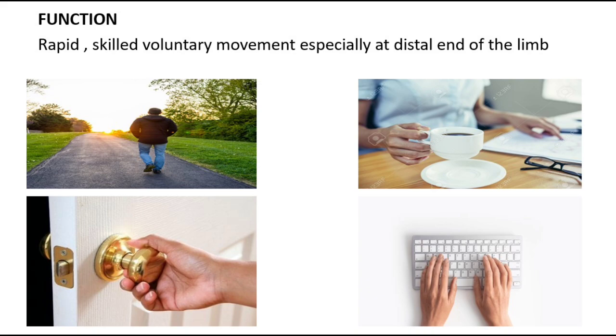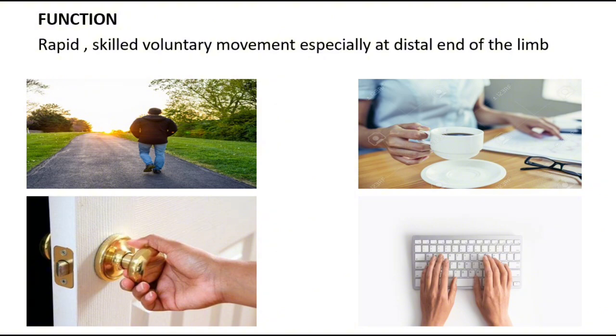It also maintains the tonic contraction of the muscles and provides stability for walking. Next, there is a person who is trying to open the door, and in the last picture, we can see that the person is typing.